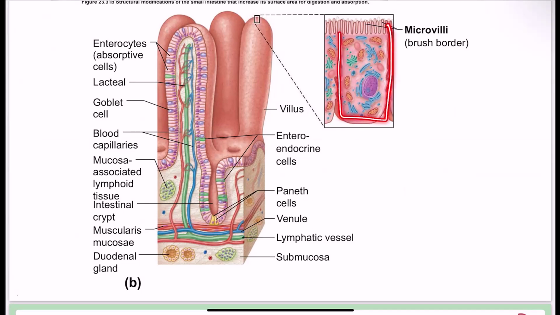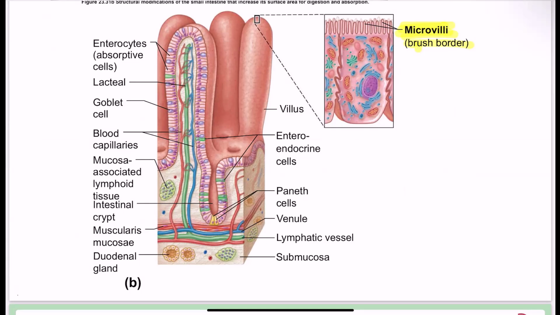So here's just one of those cells, and these little furry projections on there are the microvilli. Microvilli are just extensions of the plasma membrane that go up and down and up and down in order to increase surface area. Under a microscope, microvilli look kind of fuzzy, so they call it the brush border. Brush border is another important term.